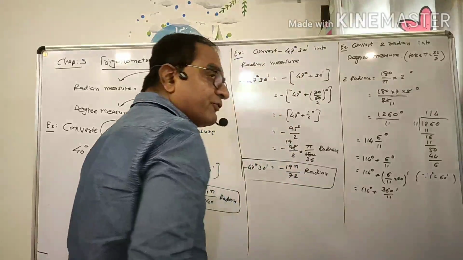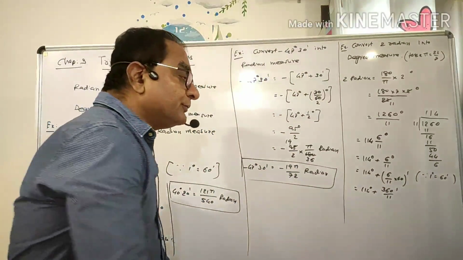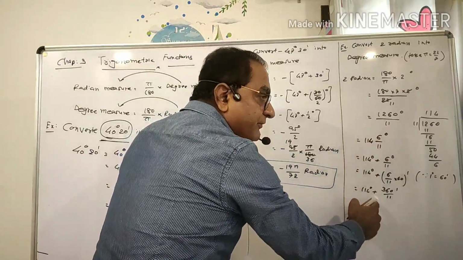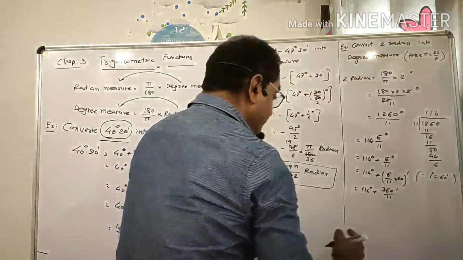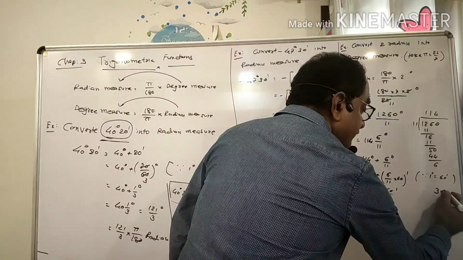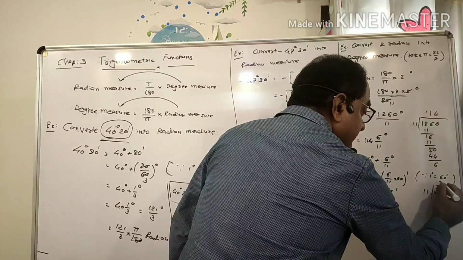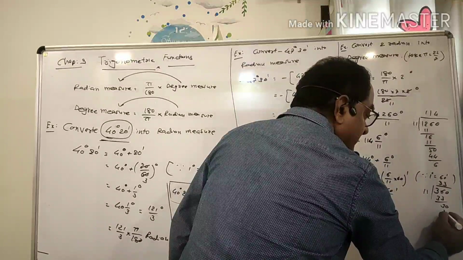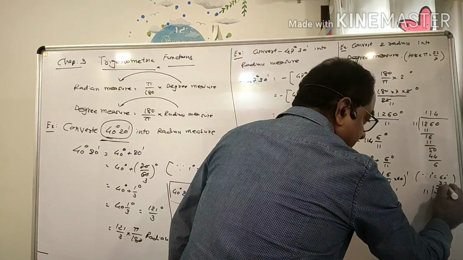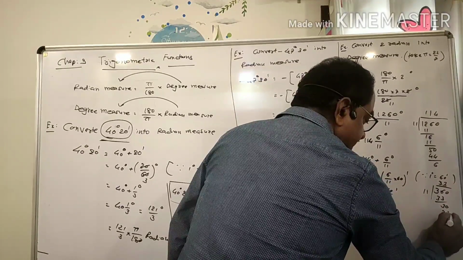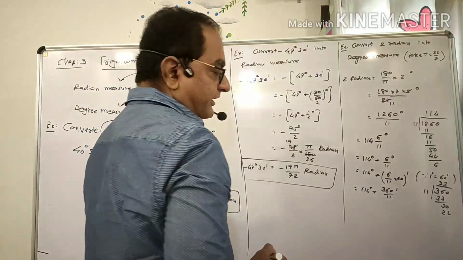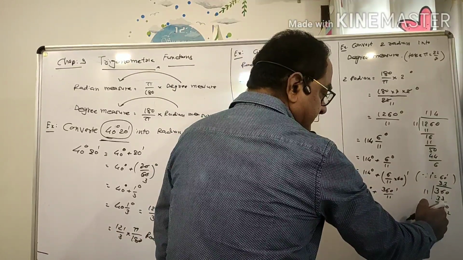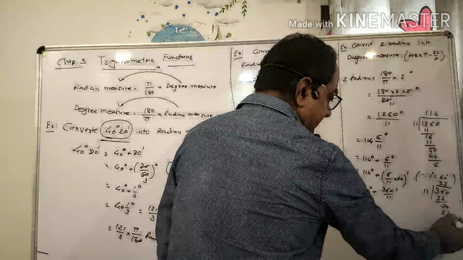Still it is not a whole number. The way we represented 1260 by 11, the same way we can represent this number also. Here 360 by 11: 11 3s are 33, 30; 11 2s are 22, 8.